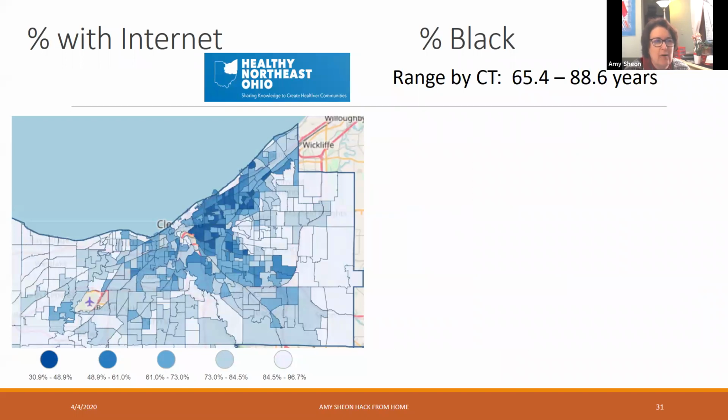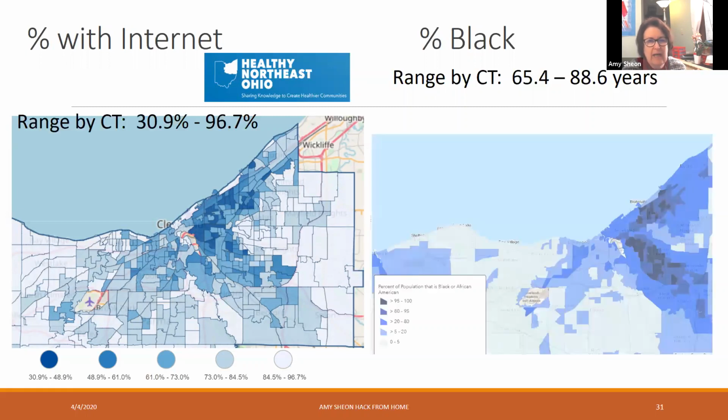And so now when we do a map of what percent of people have internet, in these darkest areas, only 30% of people have any internet subscription, including those who don't have a smartphone with a data plan and don't have broadband at home. Now, the smoking gun, the hidden social determinant of health, aside from lack of internet, is segregation.